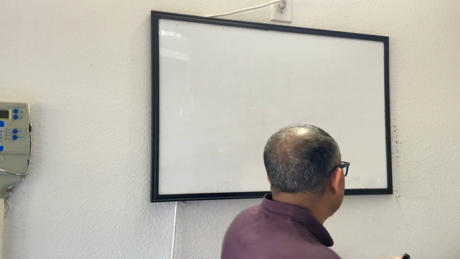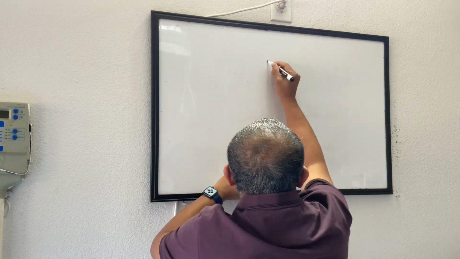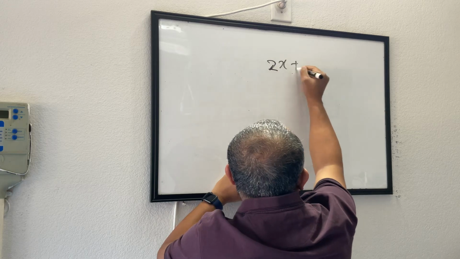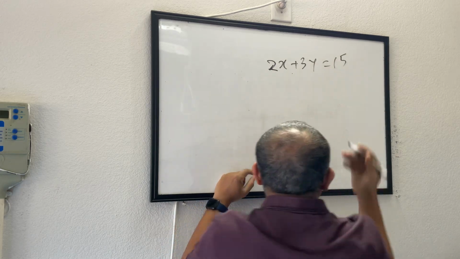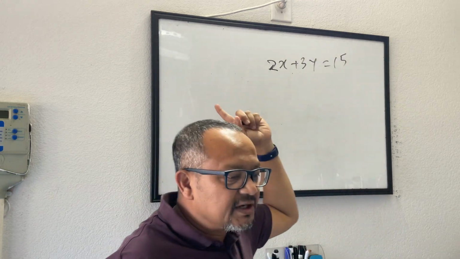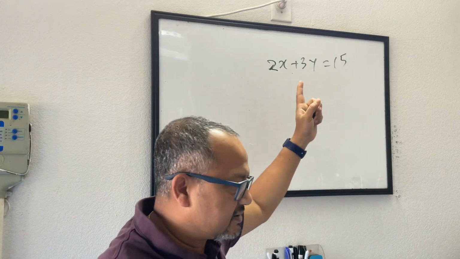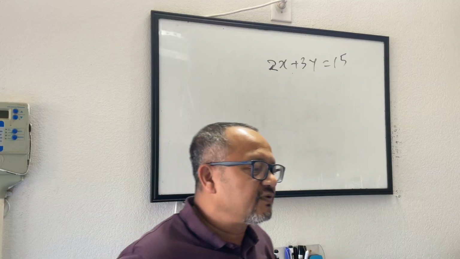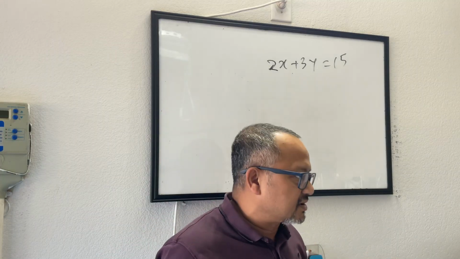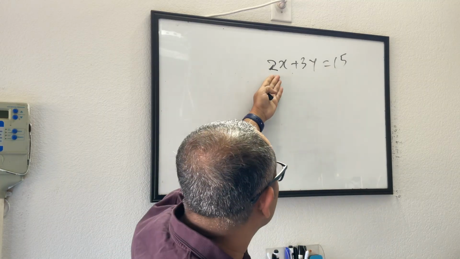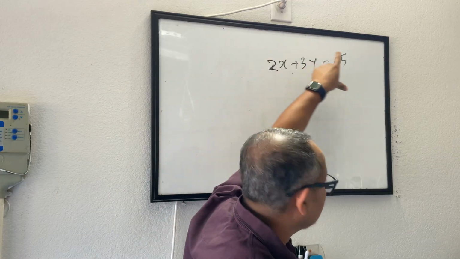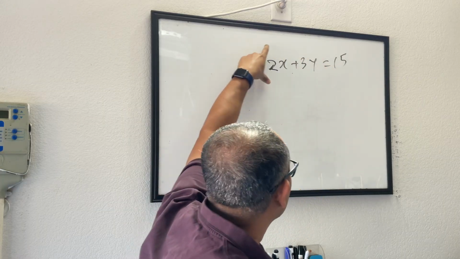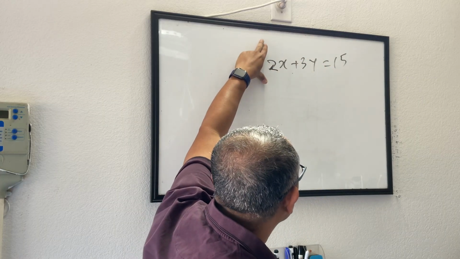As simple as that. If I say a linear equation, 2x plus 3y equal to 15 is a linear equation because it represents a line, a straight line. Yeah, everybody with me? Similarly, circle equation will be an equation that will represent a circle. So by looking at this equation, there are things that you can find out. Okay, this is a straight line. I will convert this into slope-intercept form.